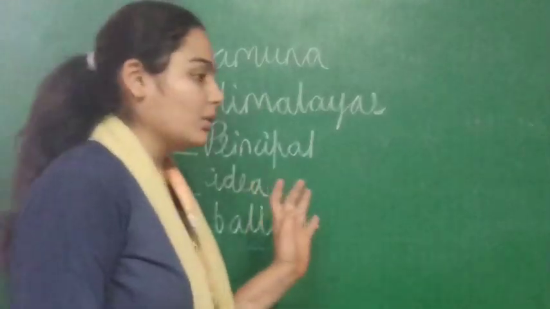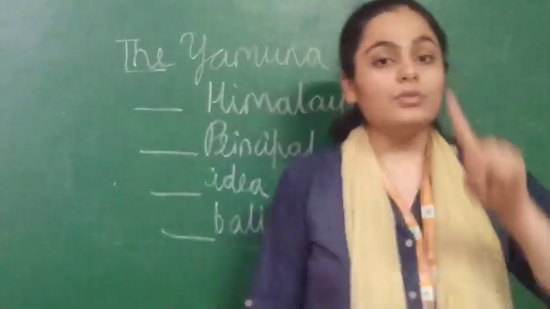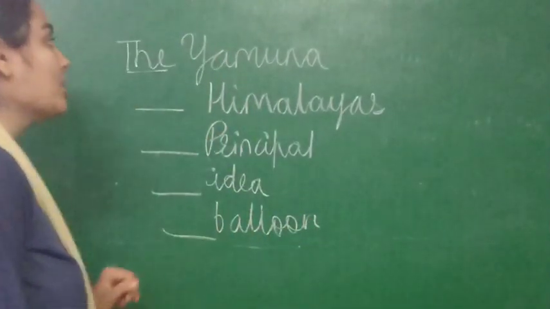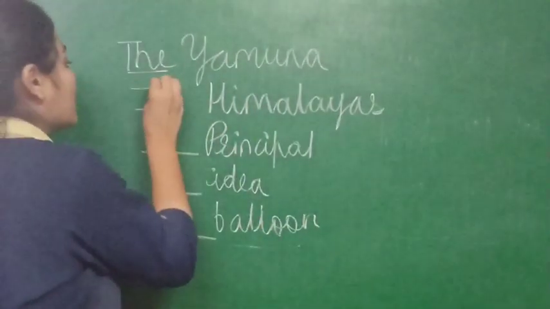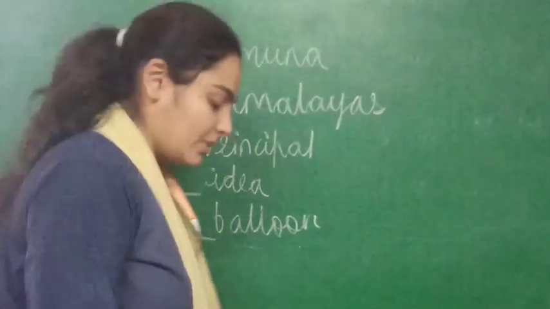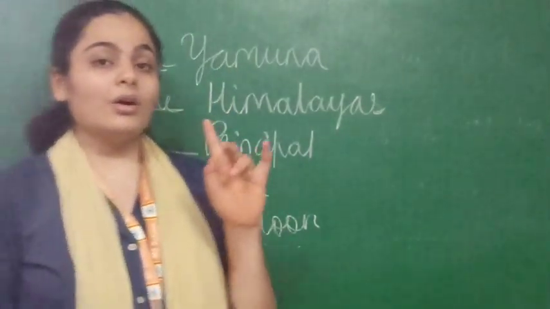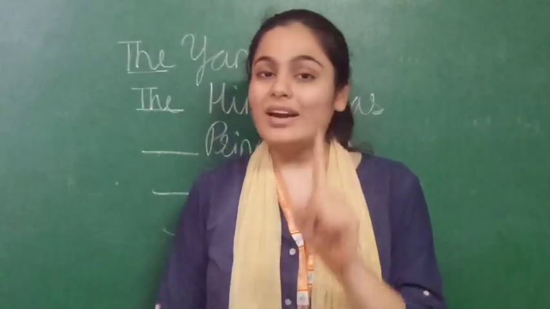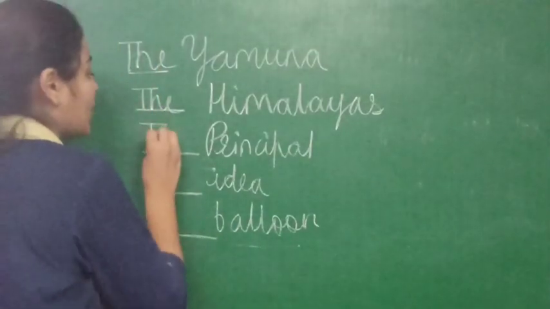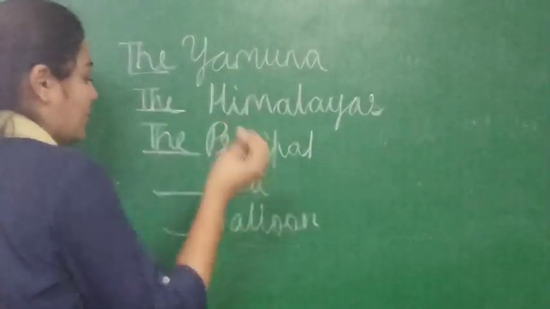The Himalayas are mountains, only one in the whole world, so we use the Himalayas. Principal. In our whole school there is one principal, so we use the with principal.